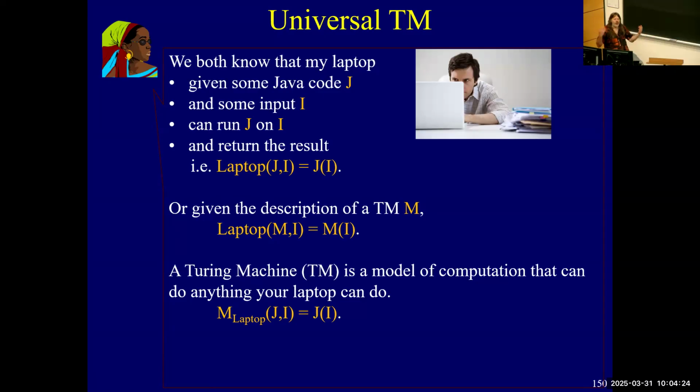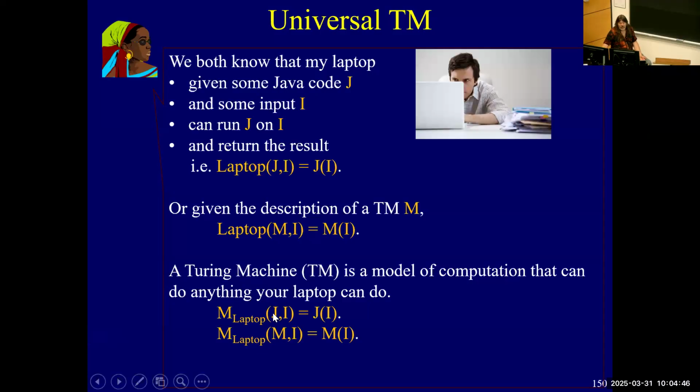Maybe it wasn't written in Java, but it was written in some programming language. And last class, we talked about how you can compile a program into a Turing machine, right? Those were just the statements we said before: the laptop can, given one of these things, output one of those things.